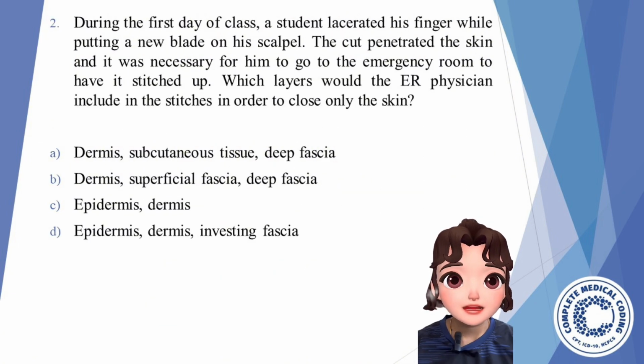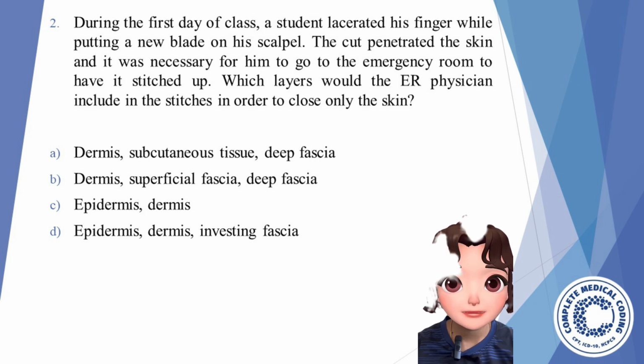Now moving on to the second question. During the first day of class, a student lacerated his finger while putting a new blade on his scalpel. The cut penetrated the skin and it was necessary for him to go to the emergency room to have it stitched up.